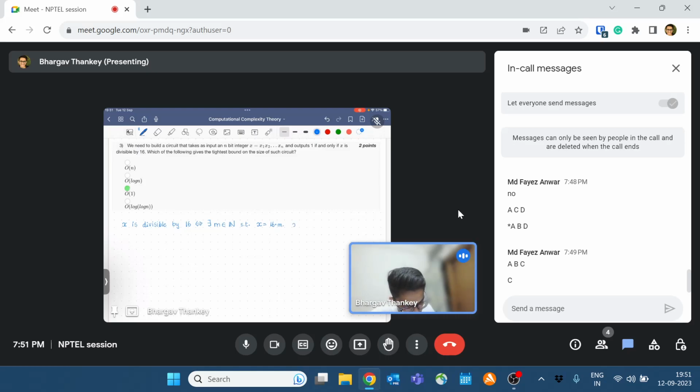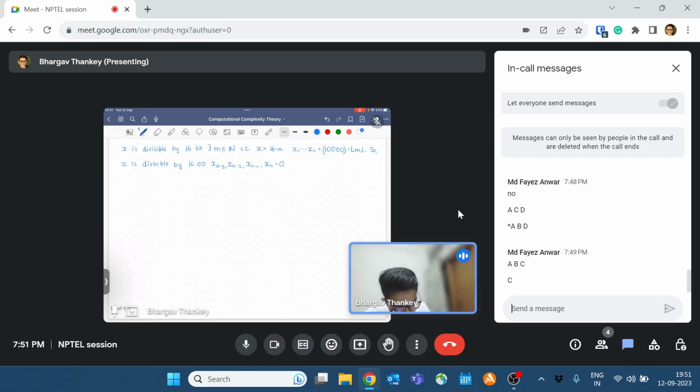So x1 to xn is equal to something followed by 10000, the binary of 16, times the binary of m. So x is divisible by 16 if and only if xn minus 3, xn minus 2, xn minus 1, and xn are all 0.